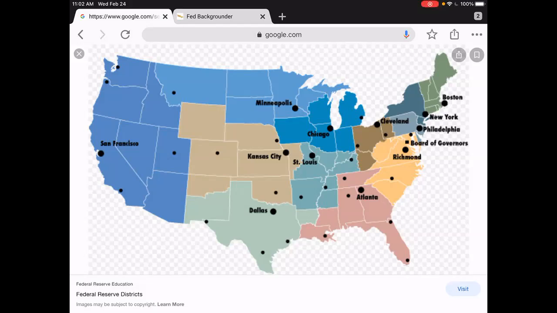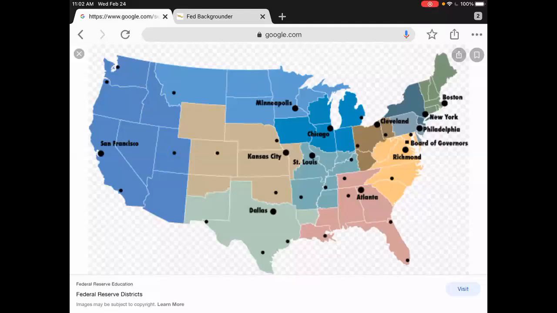You'll notice here that there's some areas like the Minneapolis district, which I think is District 9, covers a pretty wide area. District 12, again San Francisco, is a pretty broad area. But each of those individual regions reflects different aspects of our economy, if you think about it, right? Like the St. Louis district, District 8, is going to be agricultural.